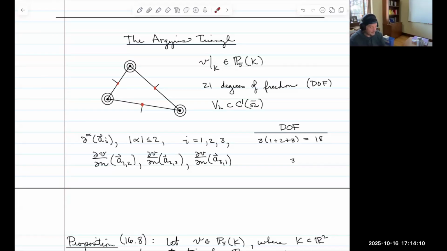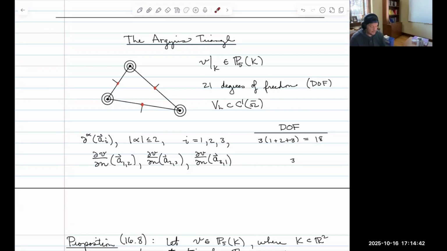Well, there's the second partial in x, the second partial in y, and then there's the mixed partial derivative xy. So we're going to make this happen at 3 vertex nodes for each triangle, and we need to match 1 function value, 2 first derivatives, and 3 second partial derivatives.